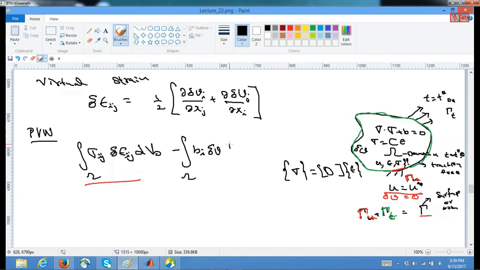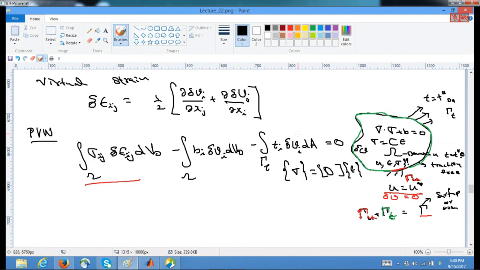on the surface gamma t. So the internal work done or internal energy stored is equal to the work done by the external forces, or if I bring it to one side with a negative sign, internal energy minus external work done has to equate to 0.